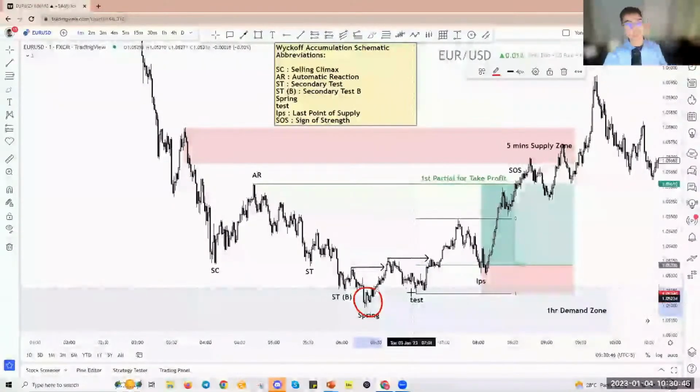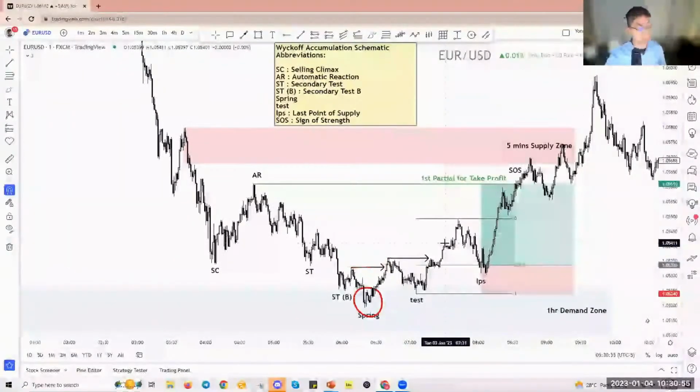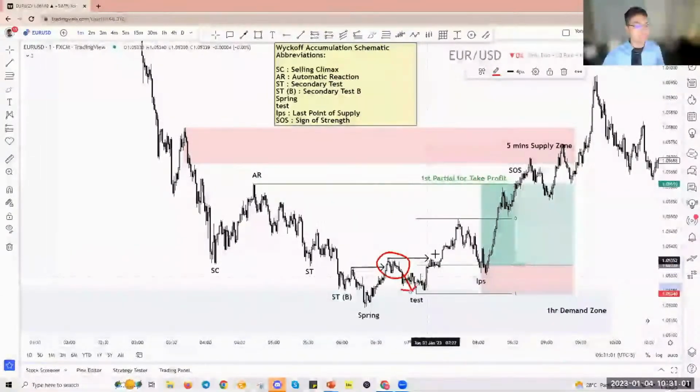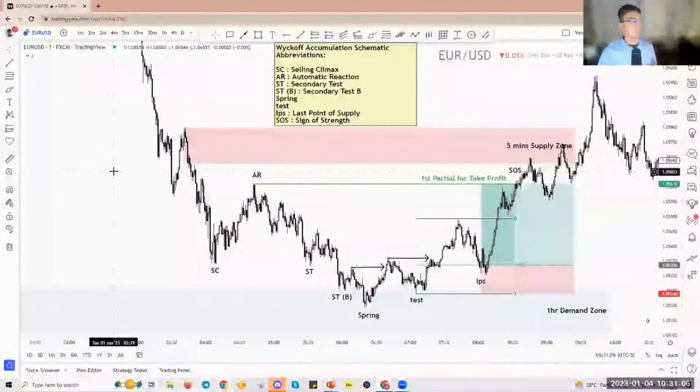We have to move to the 1 minute and start to look for accumulation here. And when price breaks the 1 hour STB, we start to look for a distribution back on the smaller time frame to form the test. So it's very, very complicated, but for now, just aim for the 1 minute time frame. Just try to practice it on the 1 minute time frame.